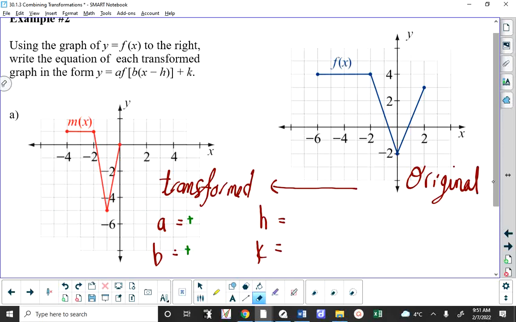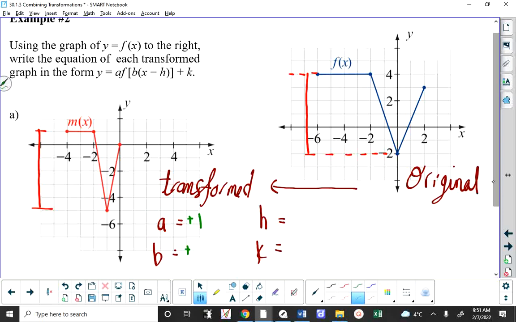I hope you notice that both graphs are the same height. If I count from the lowest point up to the highest point, it's 1, 2, 3, 4, it's 6. And over here from the lowest point to the highest point, it's 1, 2, 3, 4, 5, 6. And that tells us that A is +1.